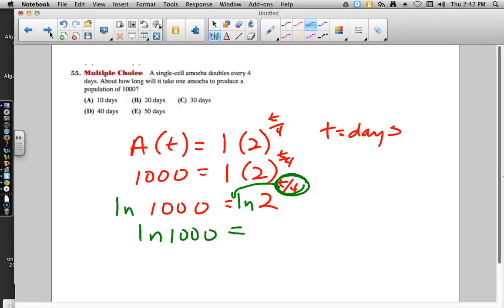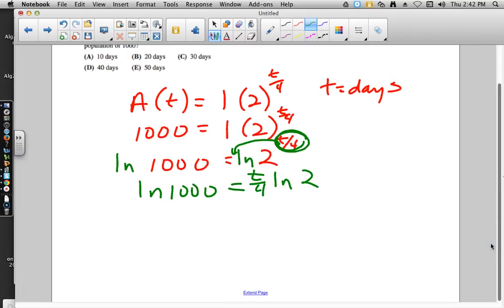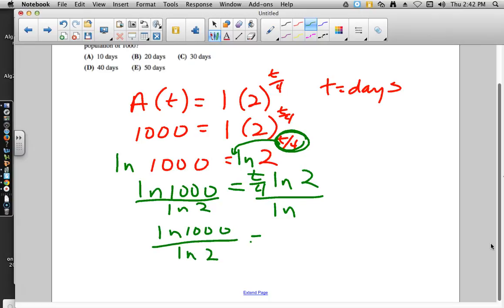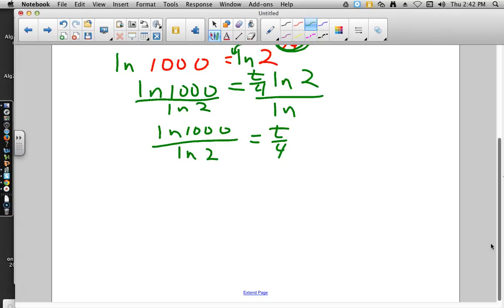So I'm going to bring that in front to be multiplied by that natural log of 2. And then we'll go ahead and divide both sides by the natural log of 2. And again, why are we using natural log? Because in calculus, natural log makes a lot of your math easier. So now we have natural log of 1,000 over natural log of 2 equals T over 4. And we would go ahead and multiply both sides by 4.